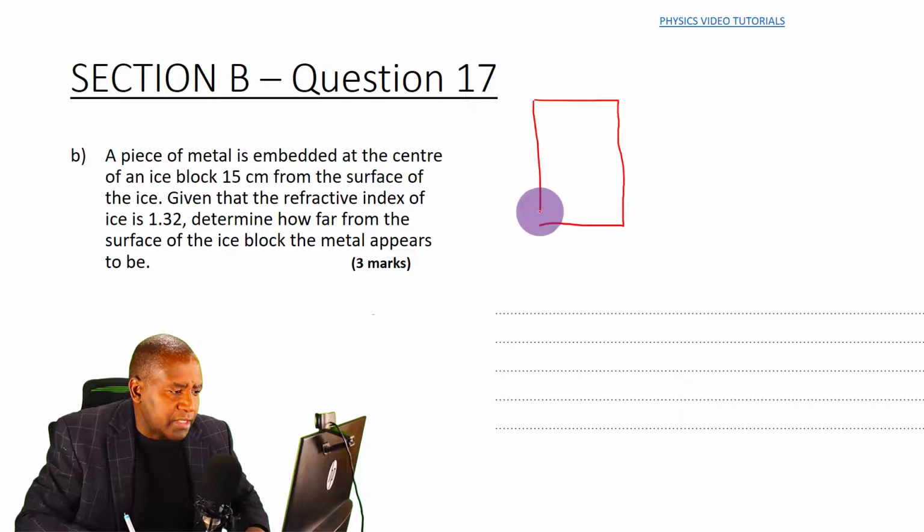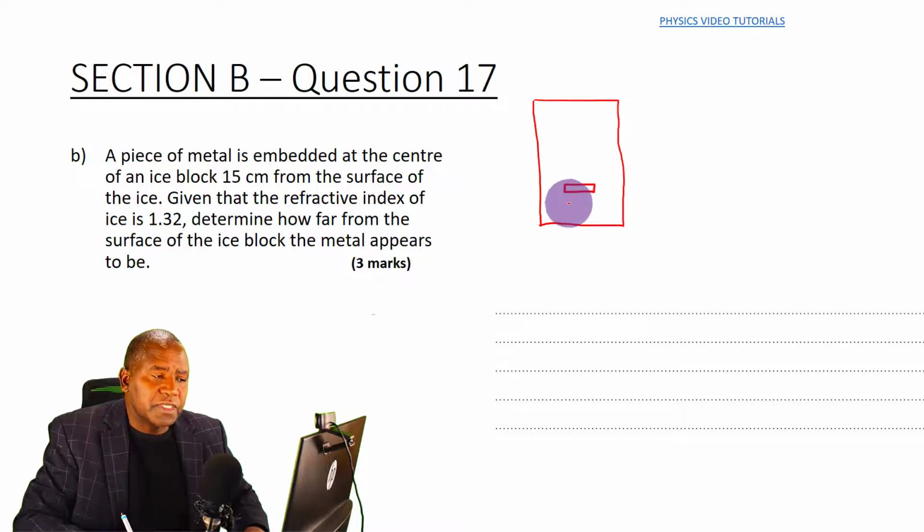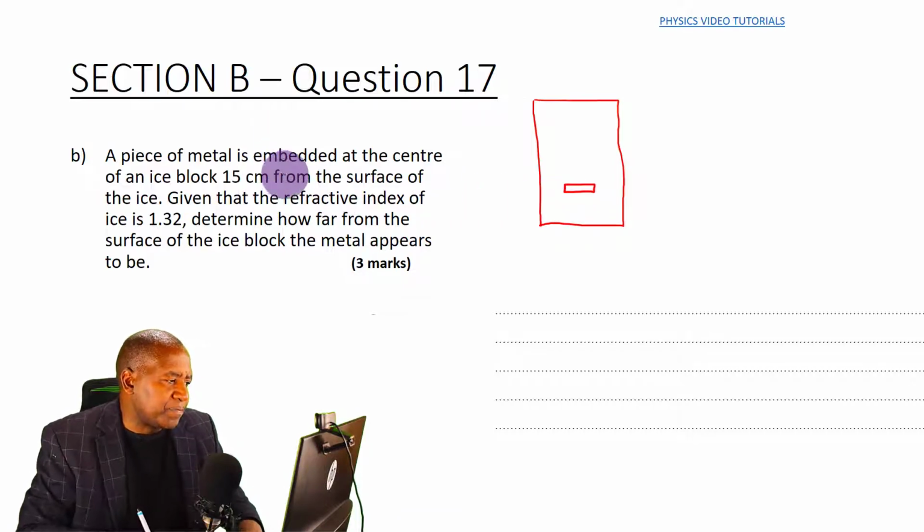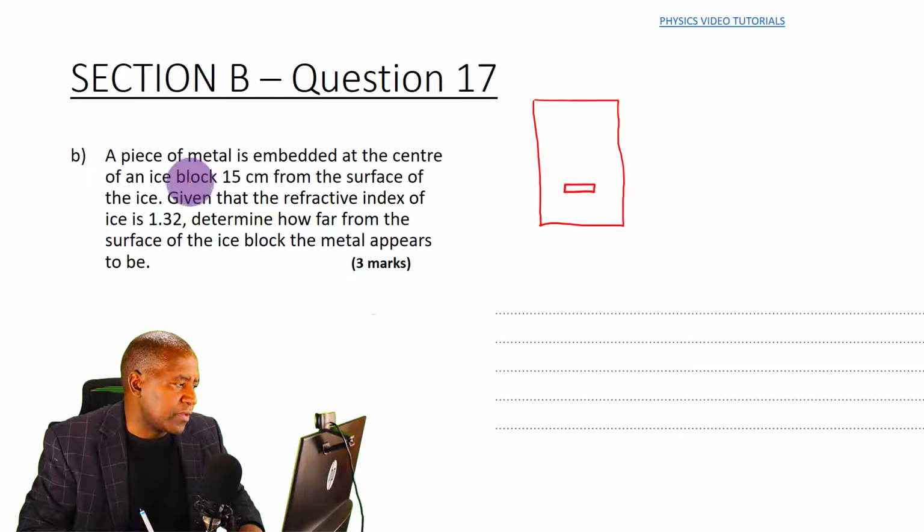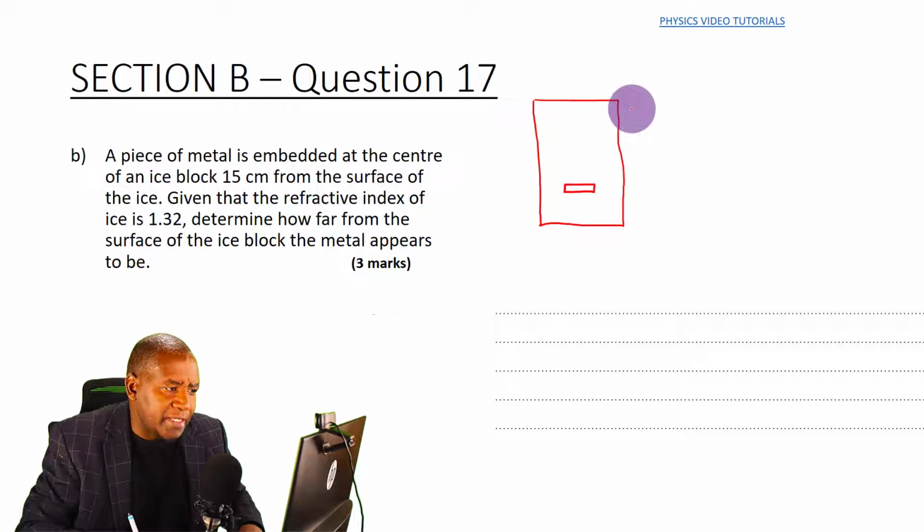There is the surface of the ice block, and we have this piece of metal inside there. We are told that it is embedded at 15 centimeters from the surface of the ice. So this is how far it is.